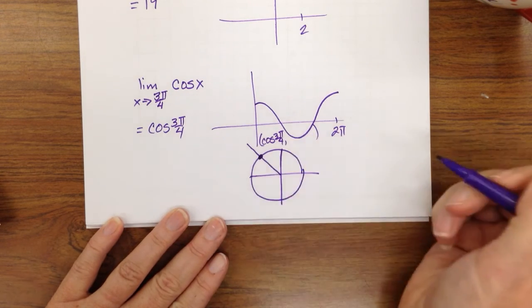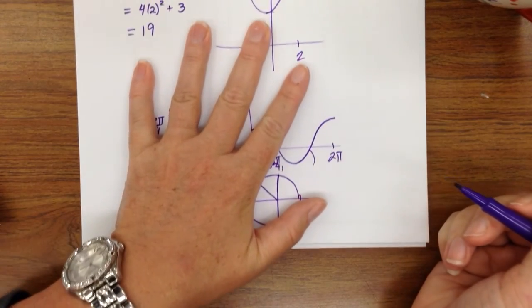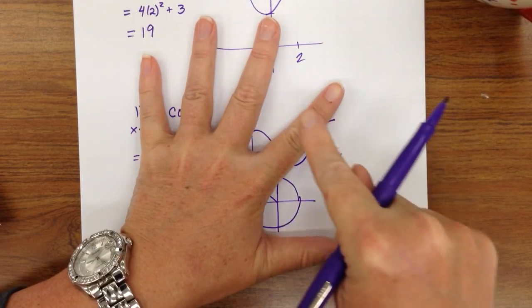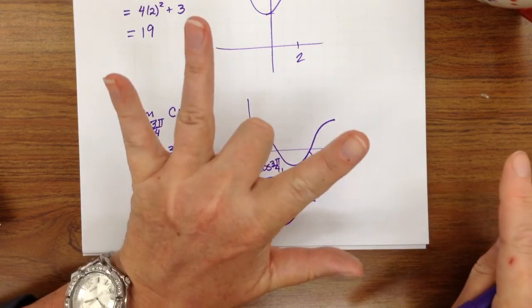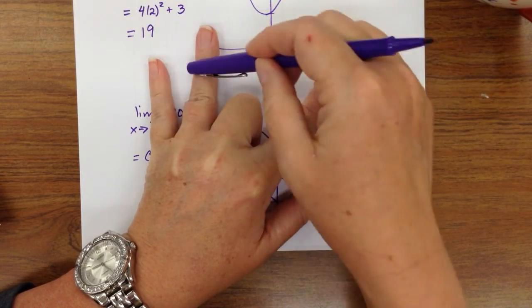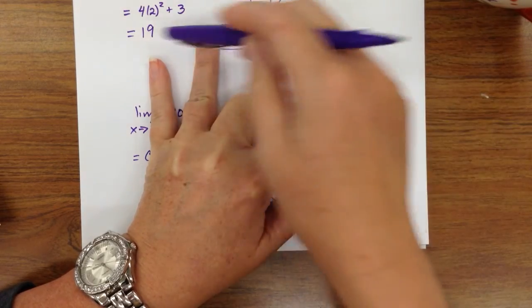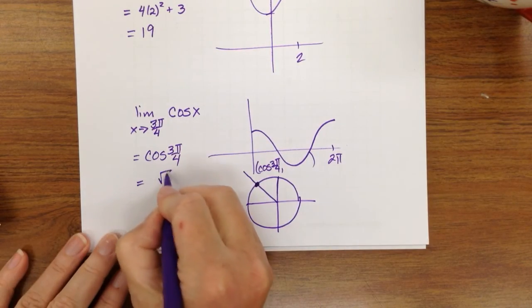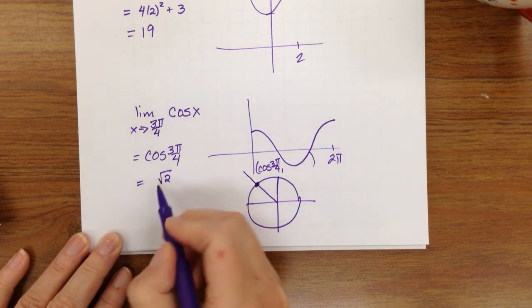How do we remember the value? We look at our left hand. We say this is pi over 6, this is pi over 4. We bend our finger under. There are 2 fingers here. This is the x, comma, y. 2 fingers represents radical 2 over 2.